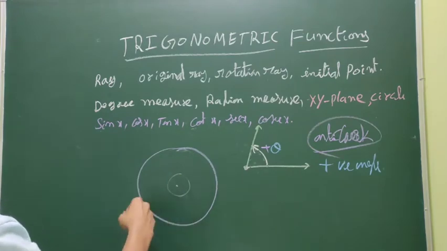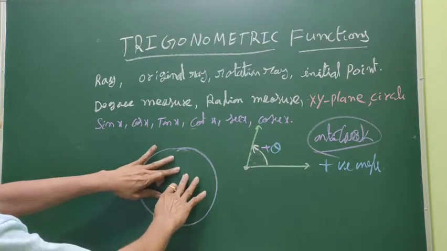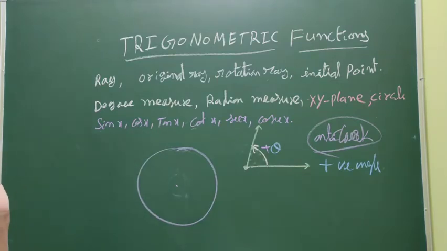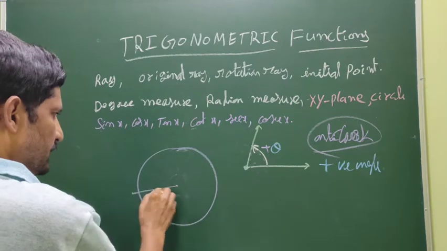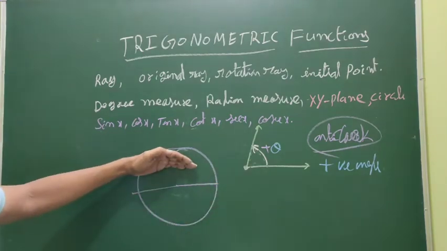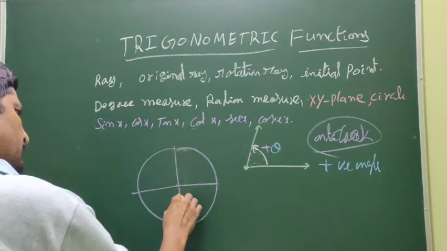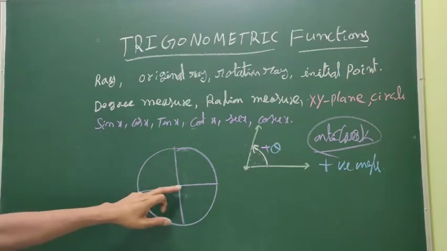All the angles together total 360 degrees. Now you are dividing this into 180 degrees here, 180 degrees, then 90, 90, 90.